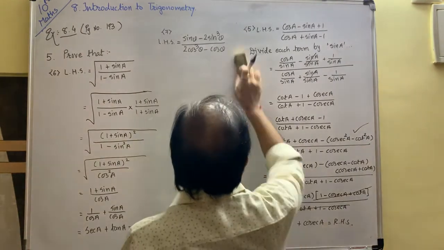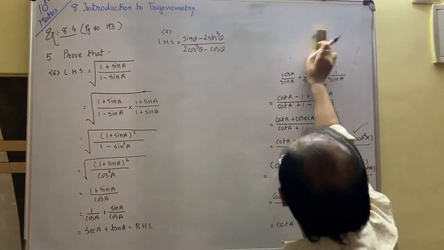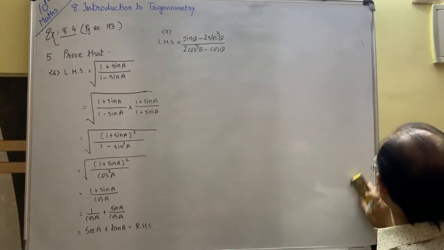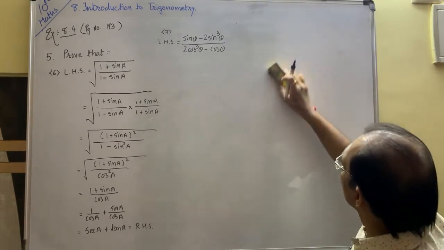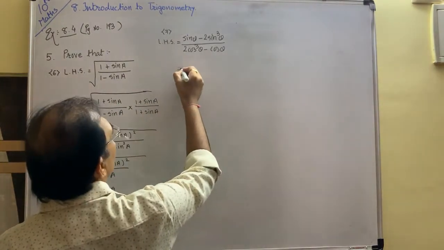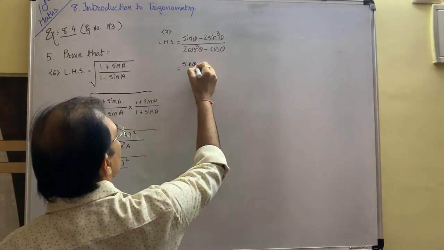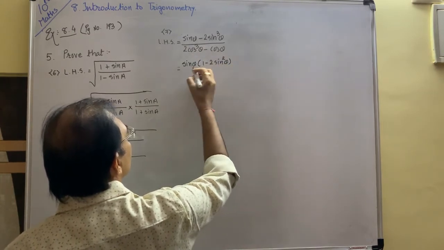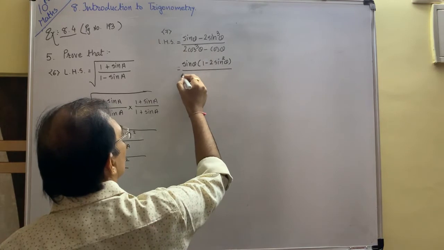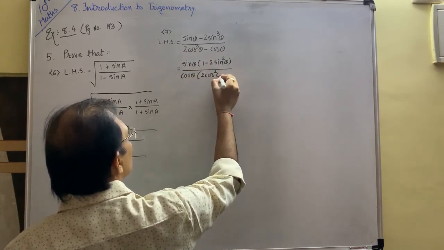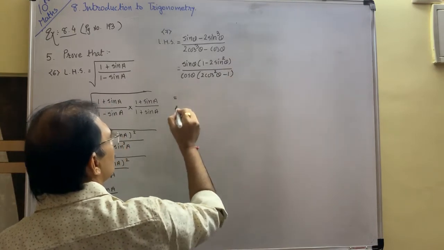See here. See, from the numerator take sin theta common. Remaining is 1 minus 2 sin square theta. From the denominator take cos theta common. 2 cos square theta minus 1.